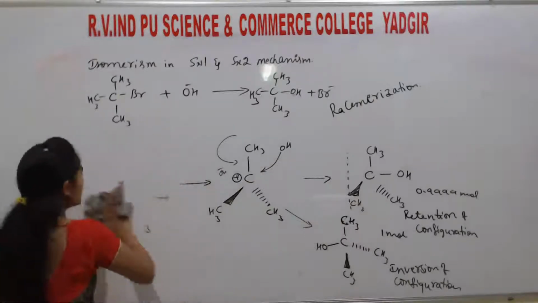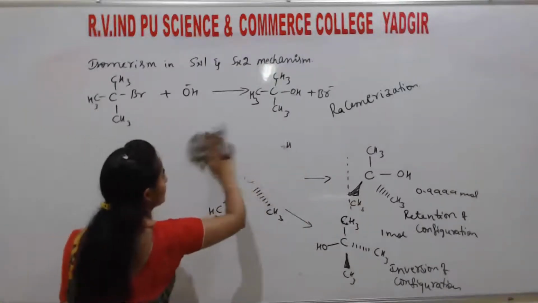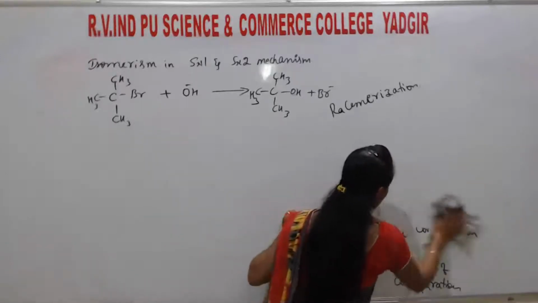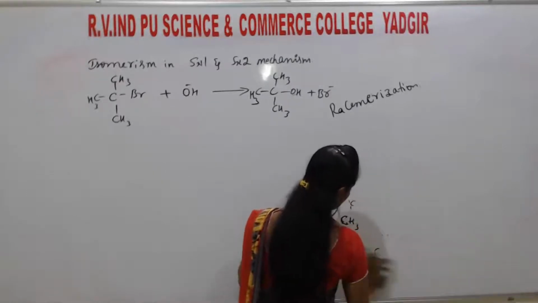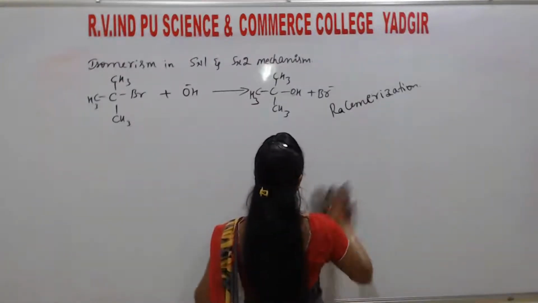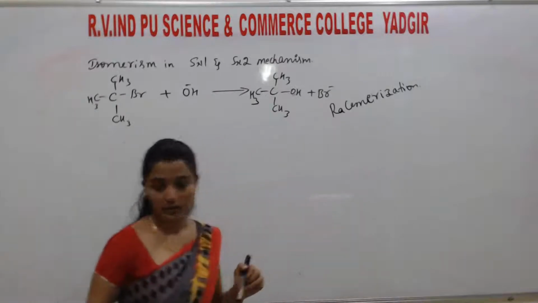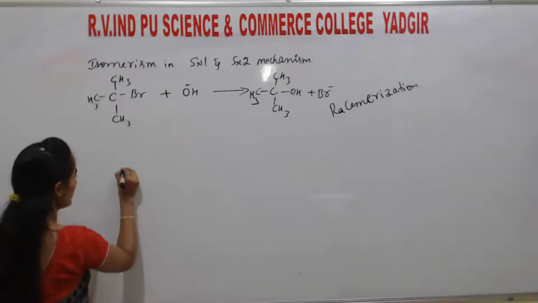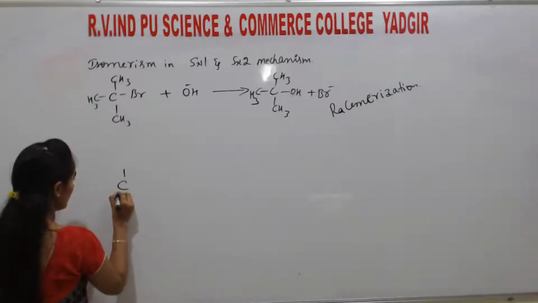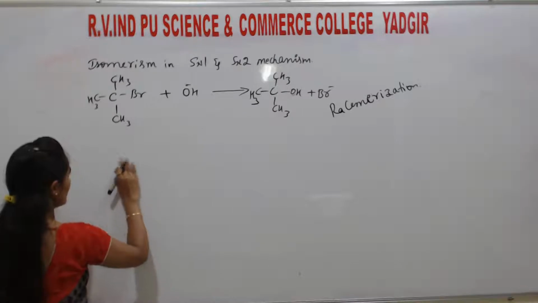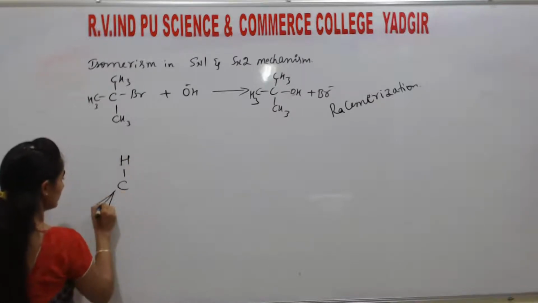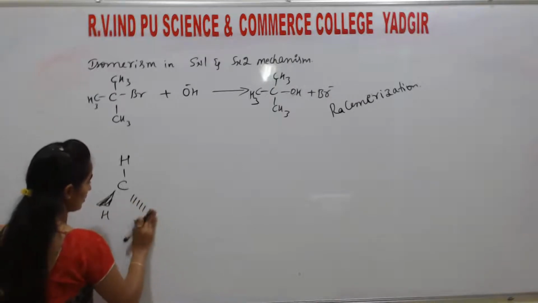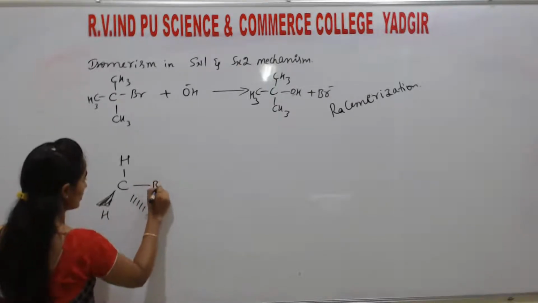Next one is the SN2 mechanism. Here, a carbon is there, methyl bromide, with H, and this one is Br.